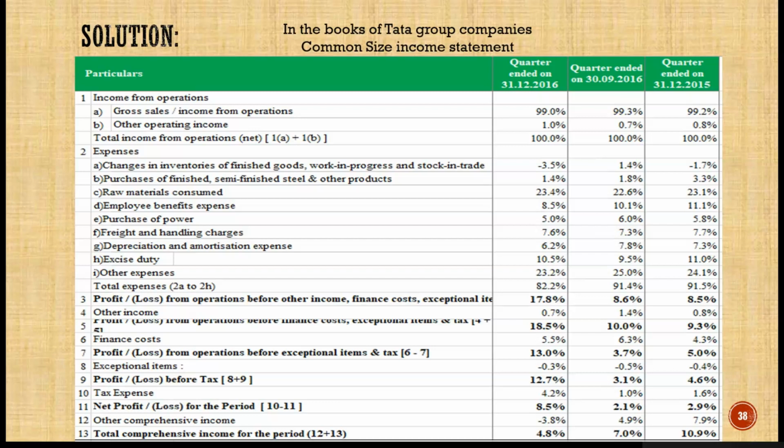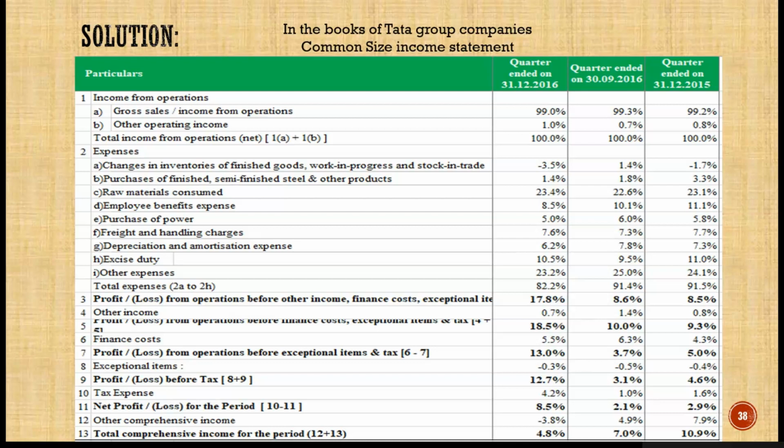Then profit is increasing, but a huge increase can be seen in profit from operation before other income. It is 8.5 in December 2015. Then it increased to 8.6, but a significant increase can be seen in the quarter ended on 31st December 2016.